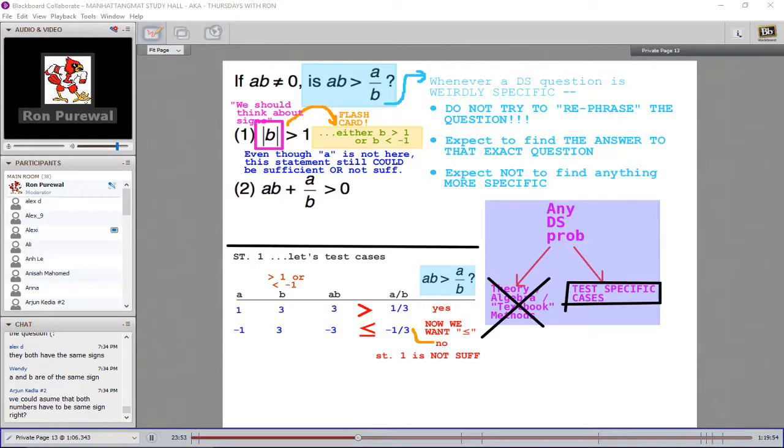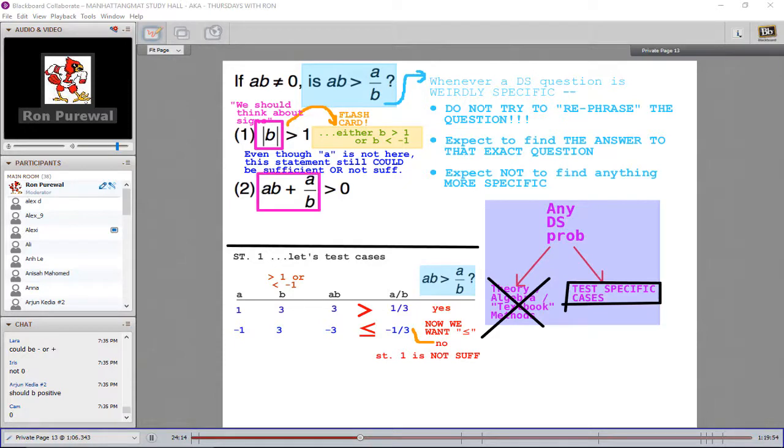But what do we know about the product of A and B? When is it positive? We know that it can't be 0 because they told us it's not. So when is the product of A and B positive?